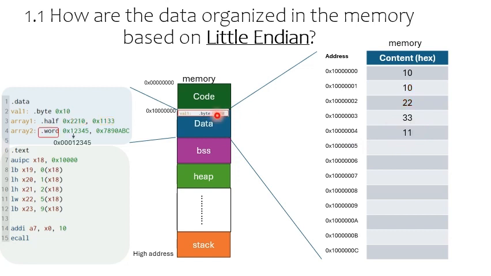Let's move to the third variable here, array2. Array2 is defined as a word long. That means each element here has 4 bytes, which means 32 bits. So what you need to remember is that a half word is 16 bits, and a word is 32 bits long.